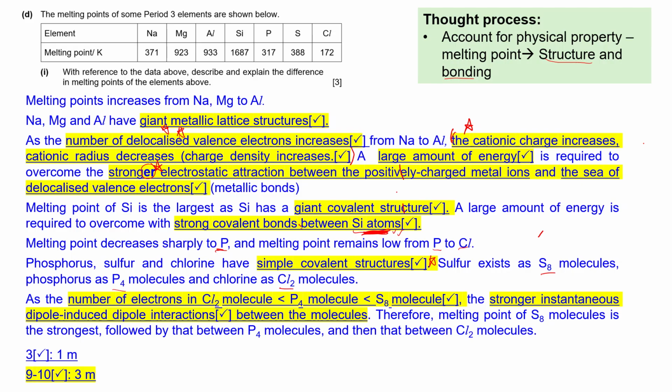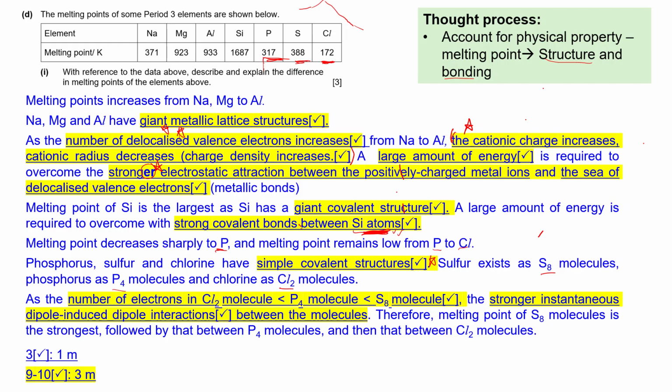Now, what I'm uncomfortable with is that some of you did not recognize that the trend goes from phosphorus up to S8 sulfur, then down all the way to Cl. You just tell me that from phosphorus to chlorine, there's an increase in melting point. So please be very careful over here.